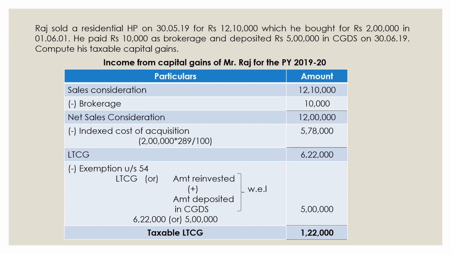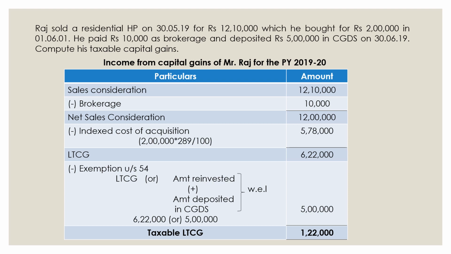According to the previous slides, we have learned that Section 54 can be claimed when the capital gains is reinvested in another residential house property or when it is deposited into CGDS. That is why here in this case, the amount that he has deposited into the CGDS can be claimed under Section 54. Now, we shall see how the solution is computed.